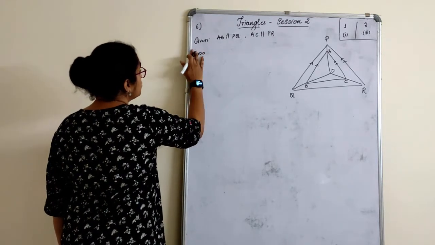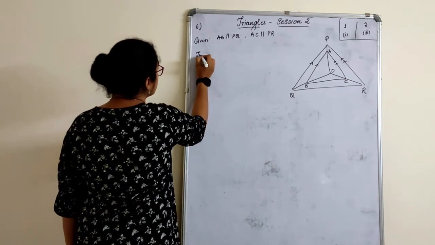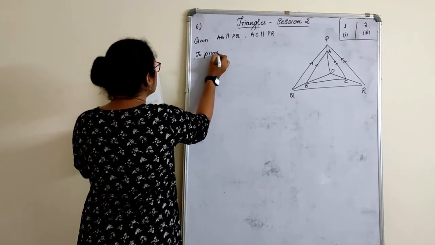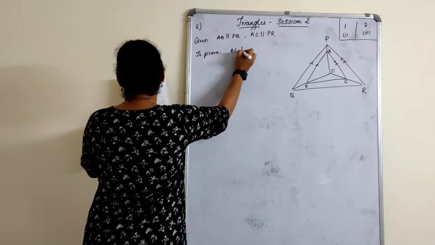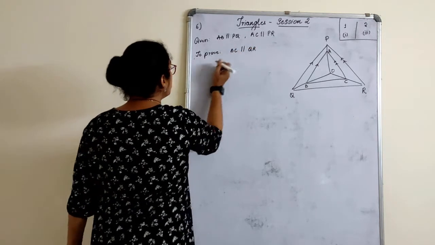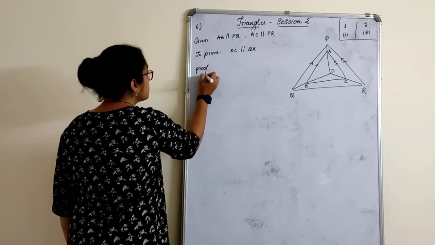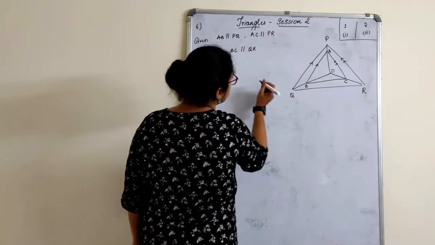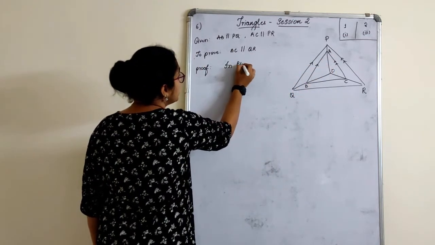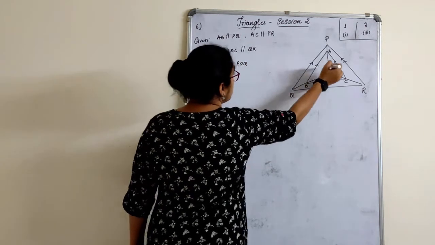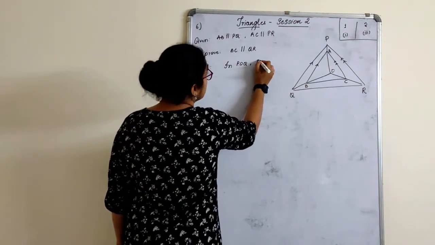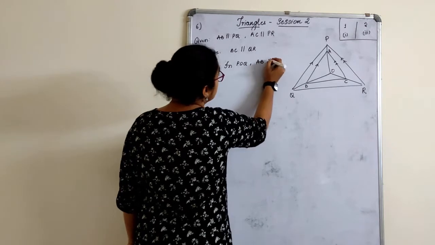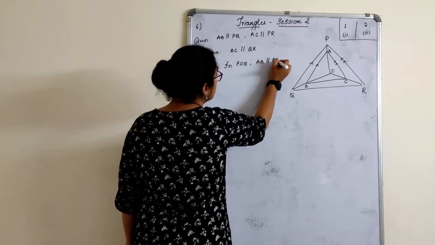To prove BC parallel to QR. Proof part. In triangle POQ, I can say AB is parallel to PQ.